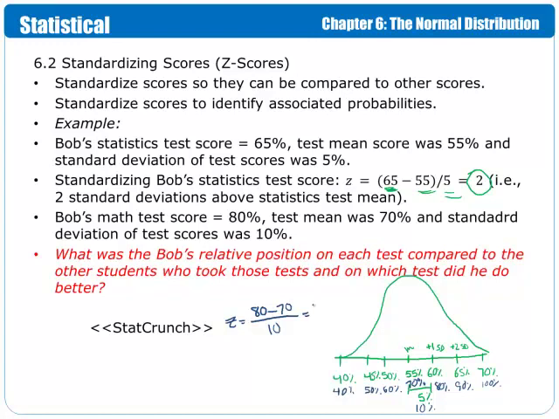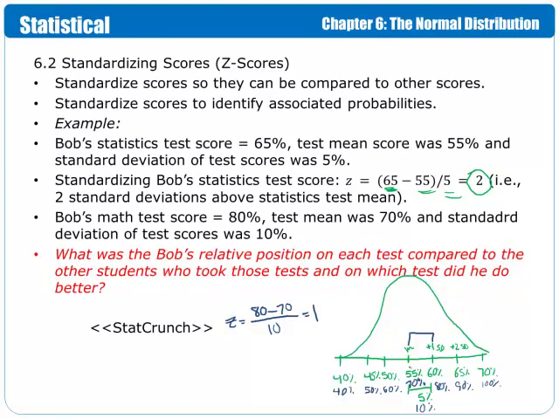If we do that, we get 1 as the answer, which essentially means that Bob's score of 80% is 1 standard deviation above the class test score mean of 70%.